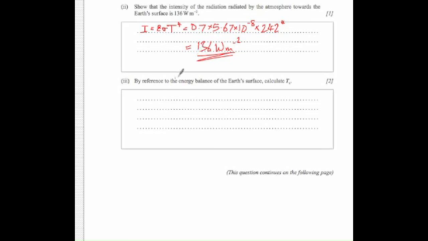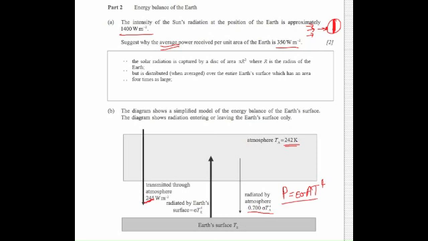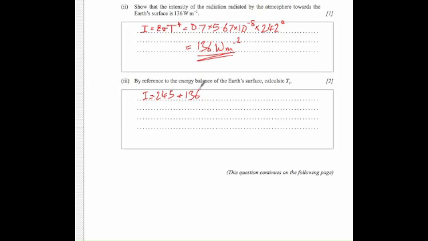The total intensity received is the 245 plus 136. Now, because the Earth is in thermal equilibrium, the intensity received must be equal to the intensity emitted. So this is also the intensity being emitted by the Earth.